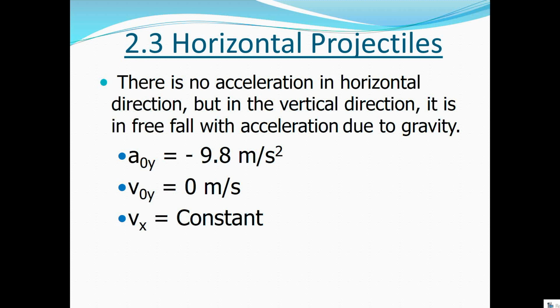First, in the vertical direction, acceleration is always going to be negative 9.8 meters per second squared. And then initially in the vertical direction, it will have a velocity of 0 meters per second, but that will change with time, every second increasing by 9.8 meters per second vertically. Of course, in the horizontal direction, as in all projectile problems, the velocity is going to be constant.